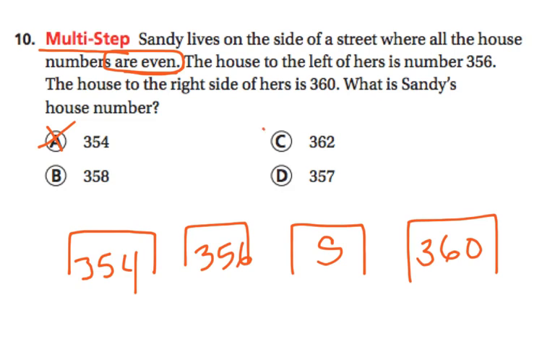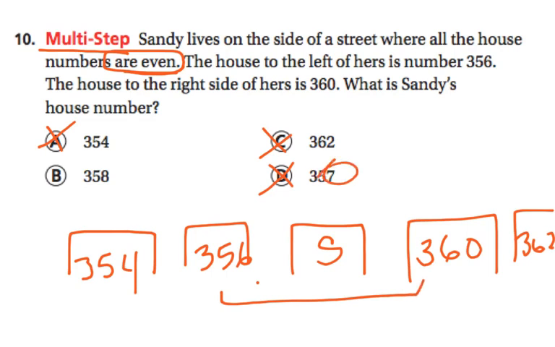I know it's not 362 because 362 would be over here. Answer choice D says 357. Now, 357 is somewhere in between 356 and 360, but that is odd. It ends in a 7, so it's an odd number.